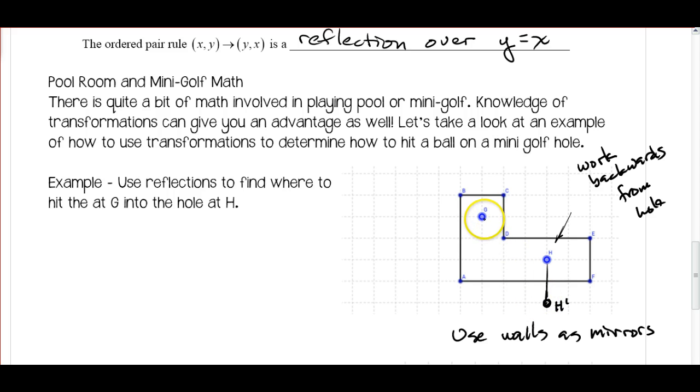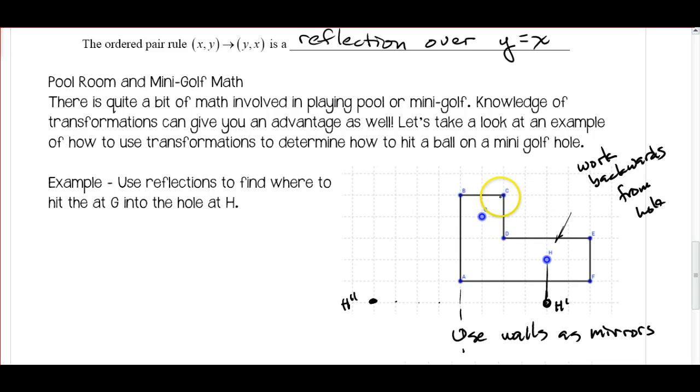If I aimed it right at that H, I still might hit that corner. I'm not really sure. So I'm going to do one more reflection. Now I'm going to take this H, which is 1, 2, 3, 4 away from this wall here. We'll just extend that a little bit. Now I'm going to reflect that over this way, 1, 2, 3, 4. So I'll call this H double prime.